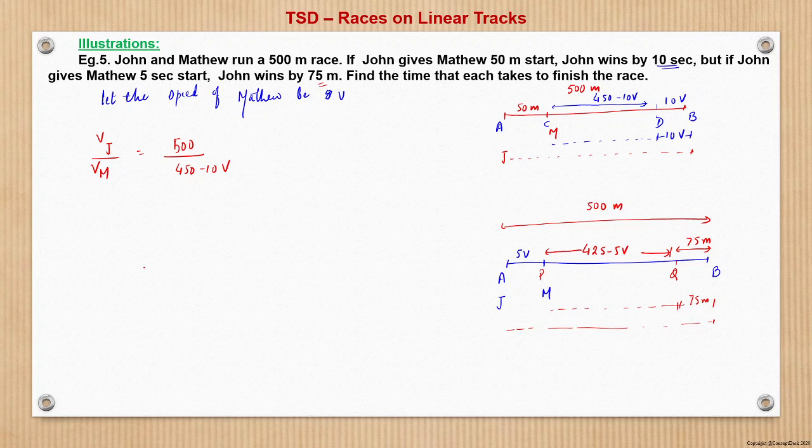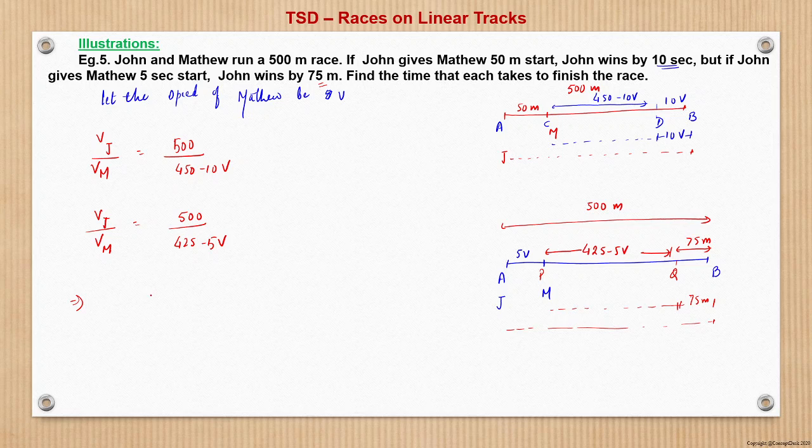And from the second case, in the same time Matthew covers the distance PQ, John covers the distance AB. So again the ratio of speed of John to speed of Matthew will be 500 upon 425 minus 5v. So now we'll equate the two equations.